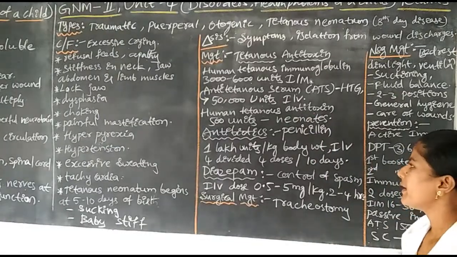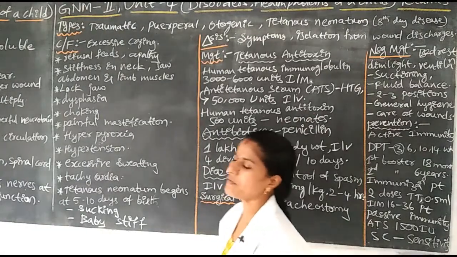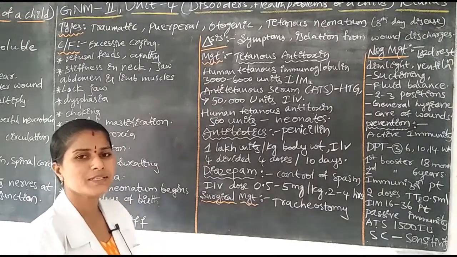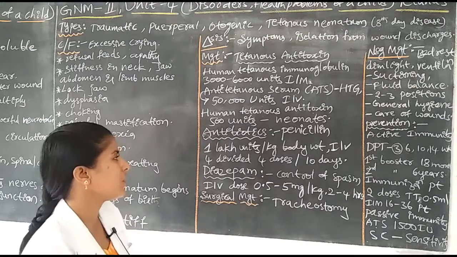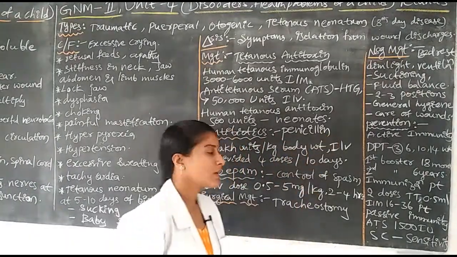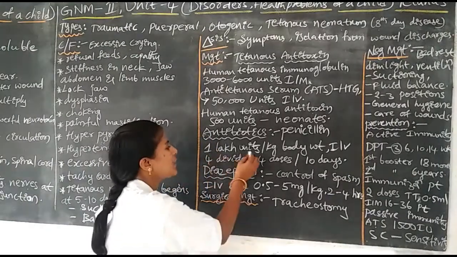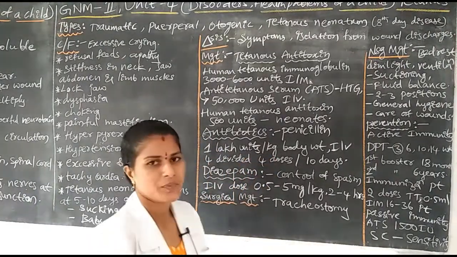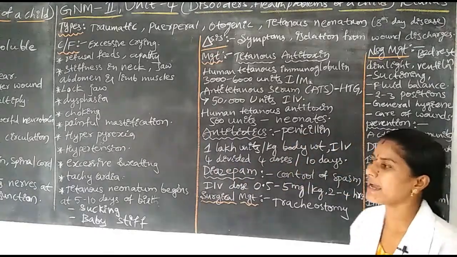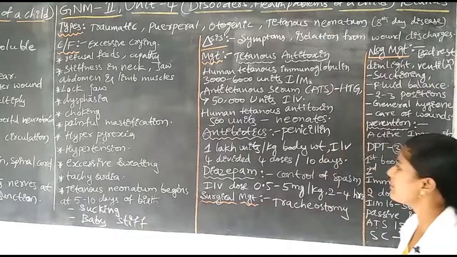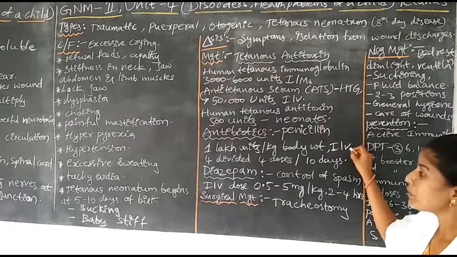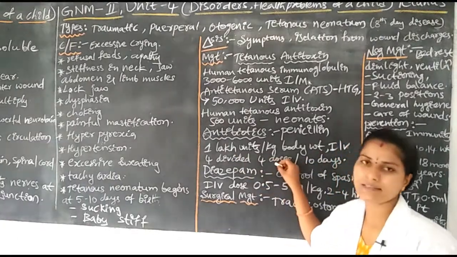Next we are going to discuss some of the antibiotics for the children. What antibiotics do we have to administer? There are so many classifications, but among these we administer only the penicillin drug. The dosage is 1 lakh units per kg body weight, administered intravenously.